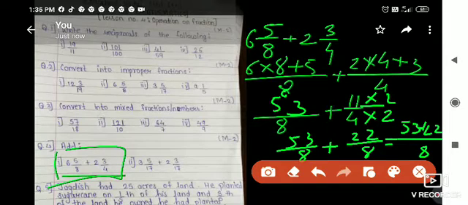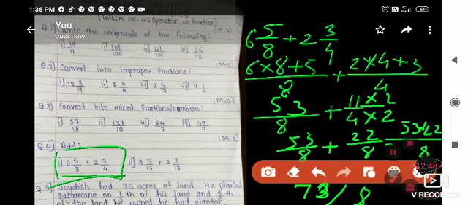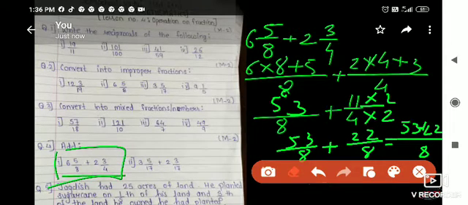53 plus 22 upon 8, and its answer is... sorry, here the mistake is there. 53 plus 22, how much is it? 53 plus 22 is equal to 75.